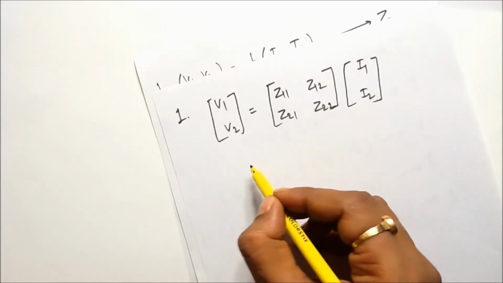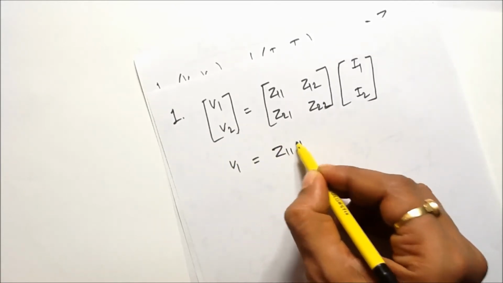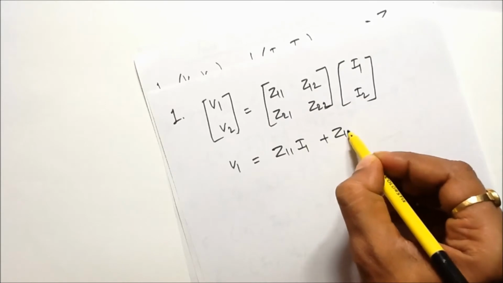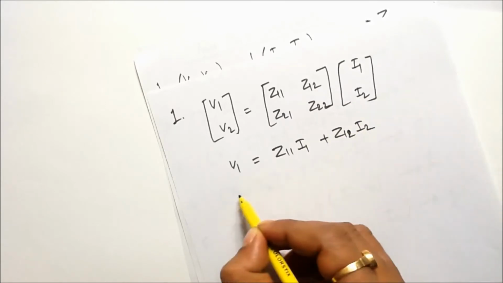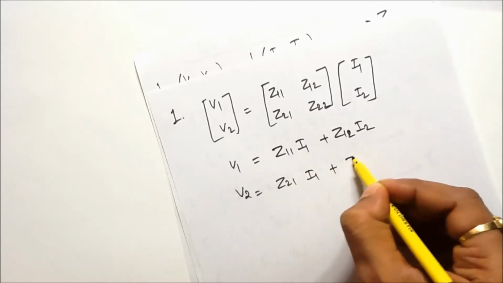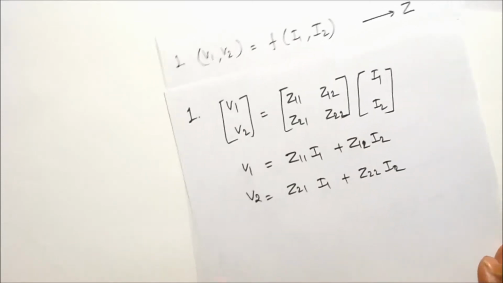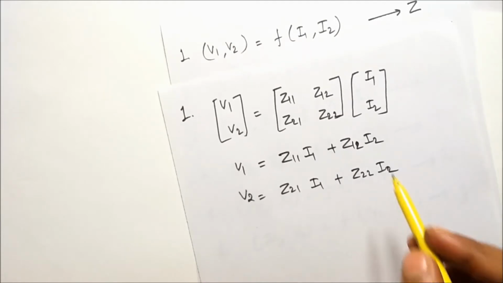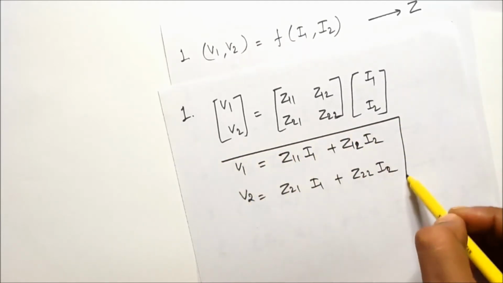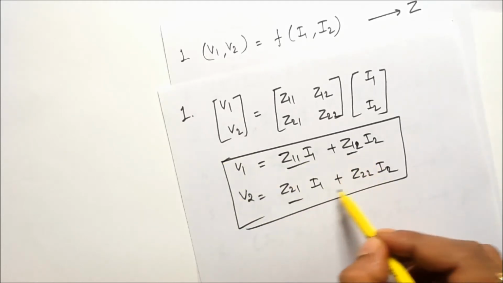If you solve this matrix, you will get V1 equals to Z11 I1 plus Z12 I2 and V2 equals to Z21 I1 plus Z22 I2. You can see here these equations are related with the Z parameters.